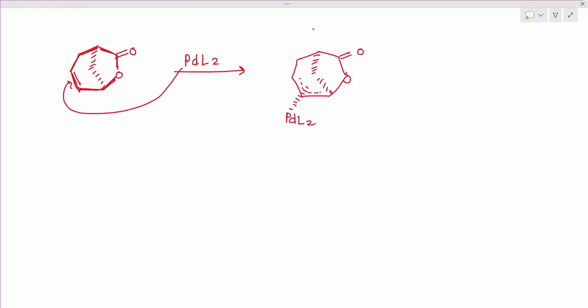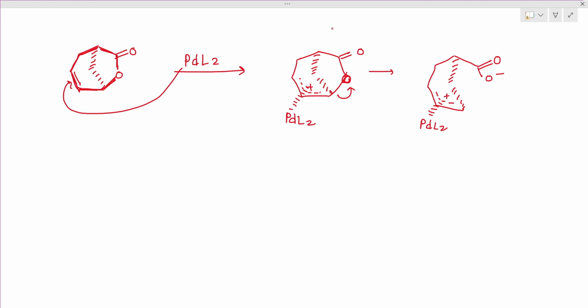There will be a positive charge. Now, when this palladium complex is formed, this bond will open like this. This is the oxygen in the ring, so this can open. When this opens, O will move here, so you are getting O minus. And at this position there is this palladium complex PdL2 with a positive charge.